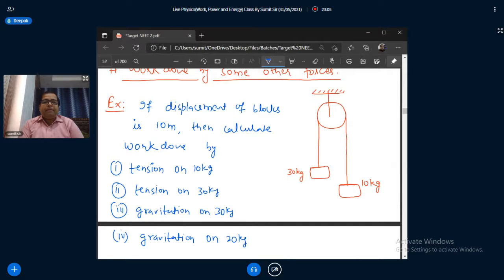Work done is equal to force into displacement. So can you calculate the tension in the rope? This is a string. What is the value of tension? Just calculate that one. We will calculate the work done step by step so that you will learn in a better way. So first calculate tension for me.